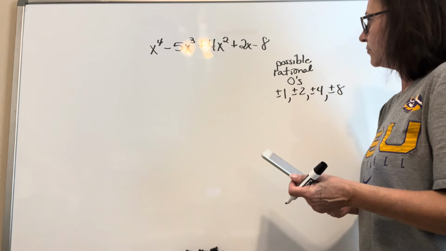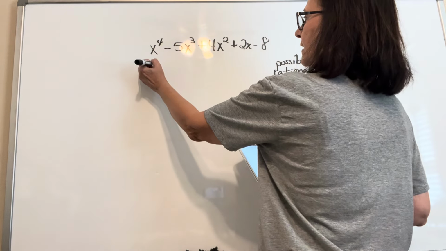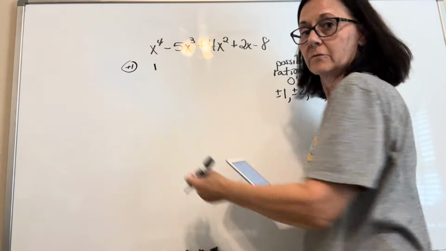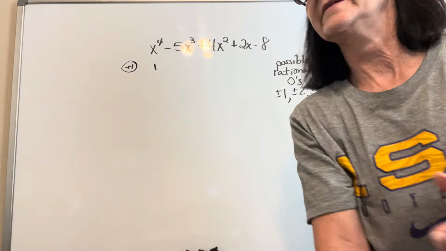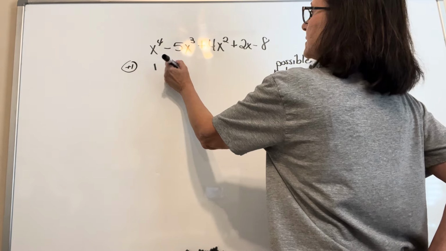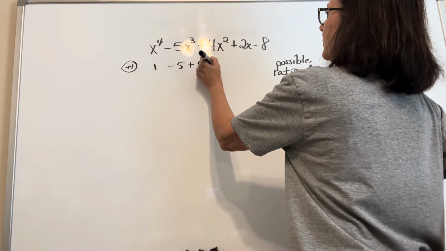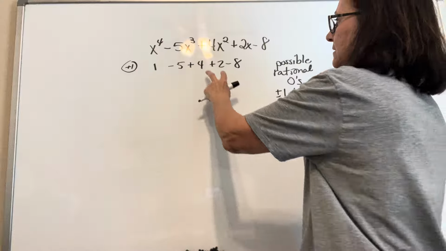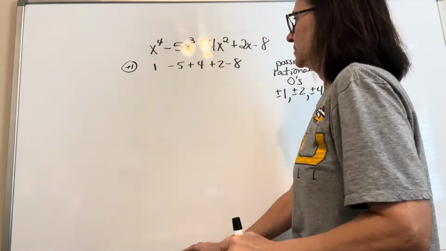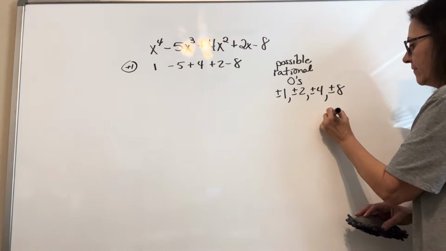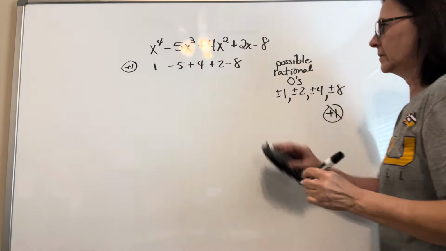All right, let's do 1 first. I'm going to see if the remainder is going to be 0. Positive 1 gives 1 minus 5 plus 4 plus 2 minus 8. No, that doesn't work. So positive 1 does not work.